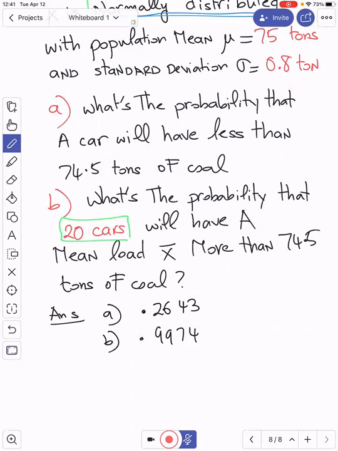Anyway, we're going to go over this problem, so make sure that the answers are correct.